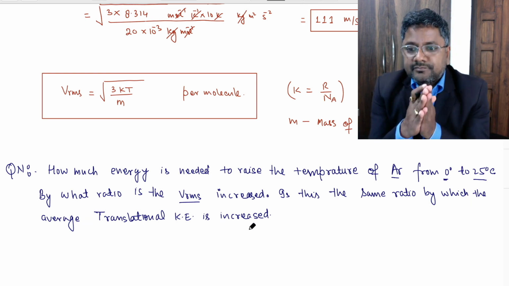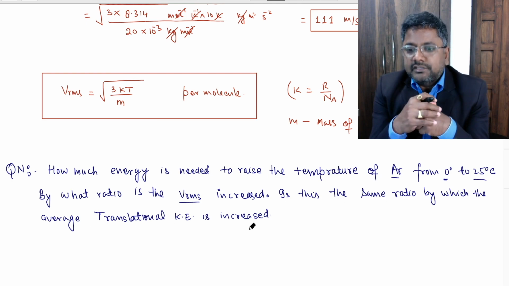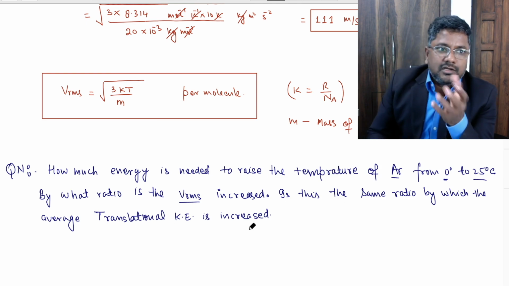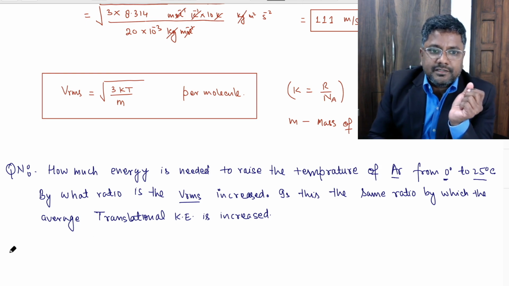So you have to solve this question in three parts. First part, how much energy is needed to raise the temperature? We can first calculate this.